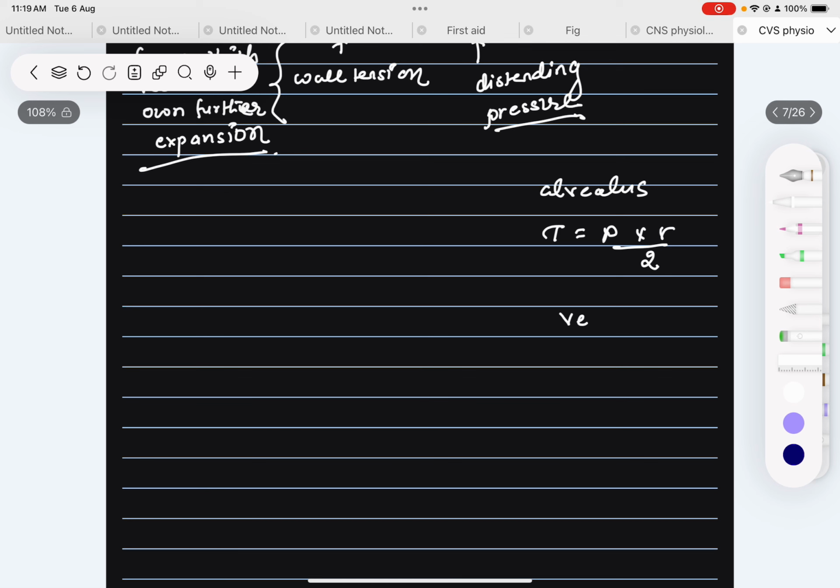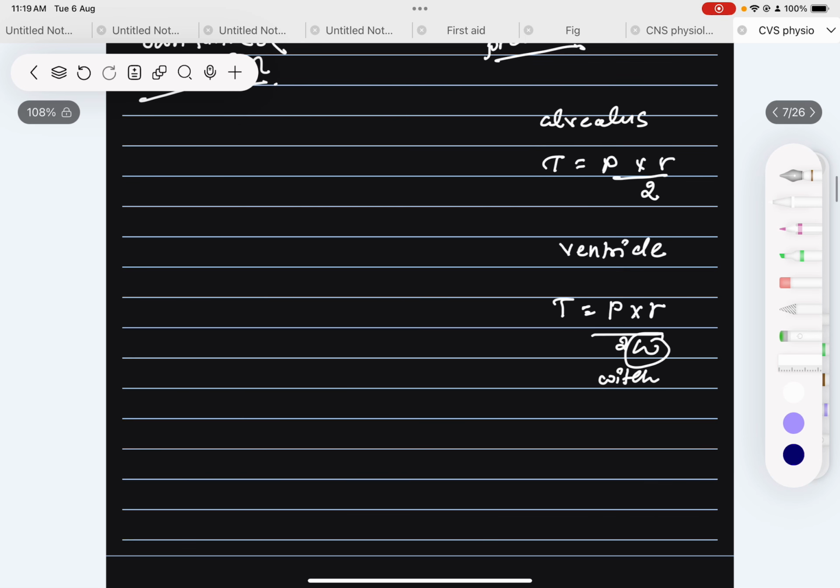and in the ventricle tension is equal to pressure into R upon 2W. W is the width that we put for thick structures. Here it was a thin structure.